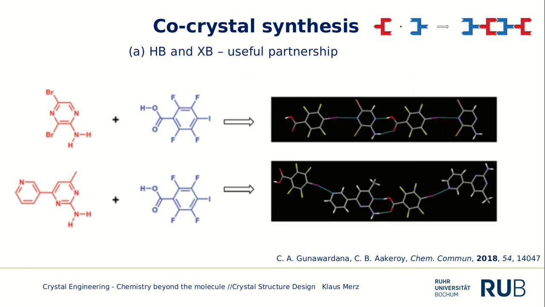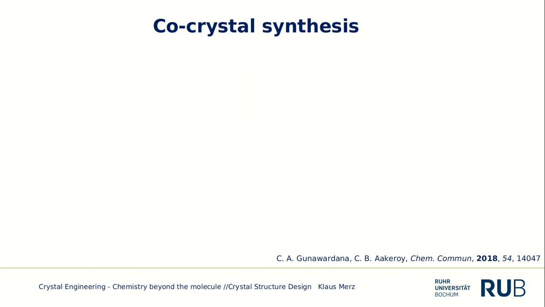And now adding our halogen bonding donor, here the iodine, and exactly like the last pattern, it very nicely builds up a ternary co-crystal. No, this is a binary co-crystal, sorry, binary co-crystals. Good.